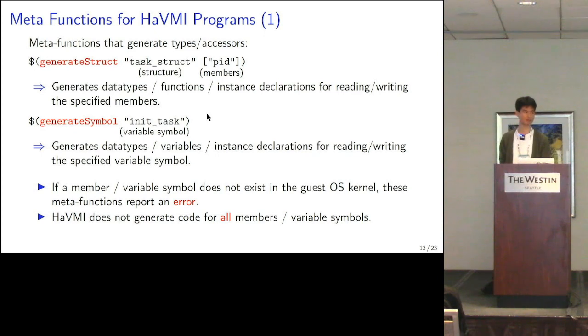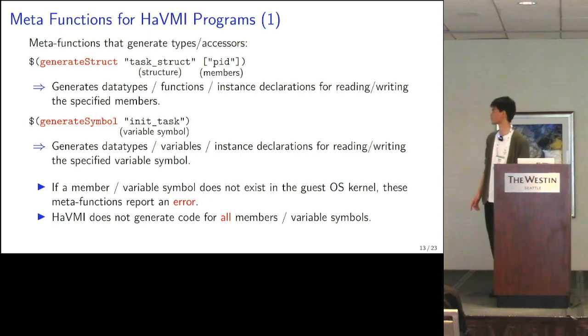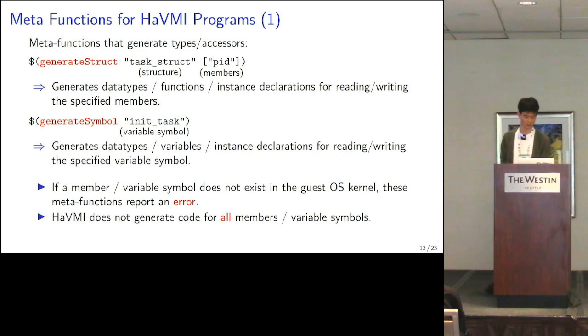The generate symbol resembles generate struct, but it generates variables instead of functions. These two meta functions report an error if a member or variable symbol does not exist in the guest OS.